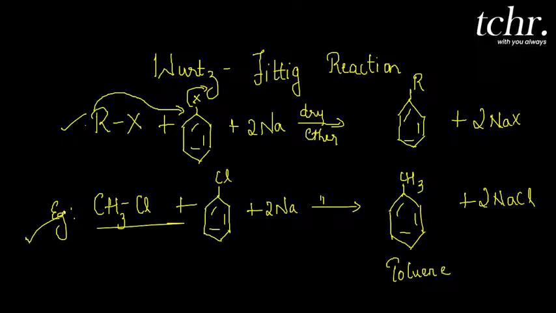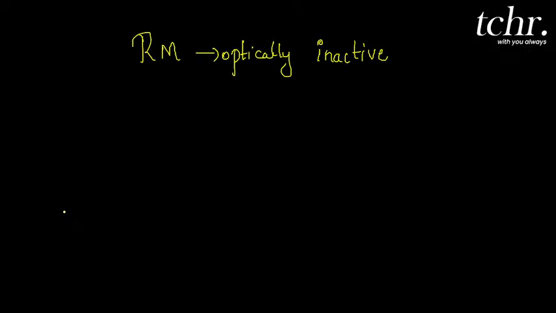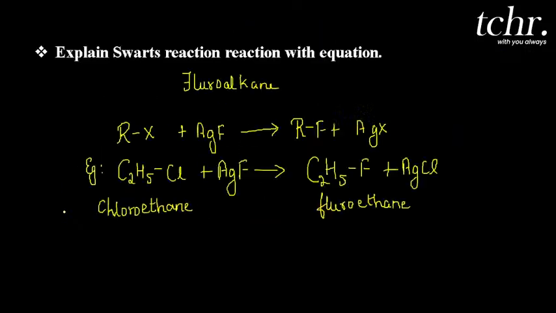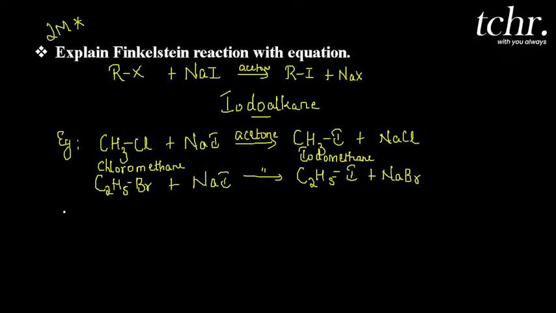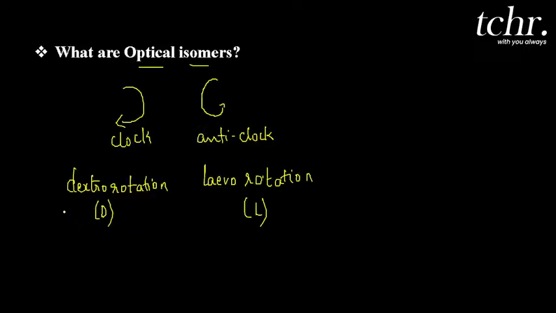So students, I hope this session is definitely going to help you for your coming test. For haloalkanes and haloarenes, all the questions that we discussed, you can expect in your coming test. We will revise once again. It can be the Finkelstein reaction, Swarts reaction, Sandmeyer's reaction, some stereochemical topics like the definition of optical isomers.